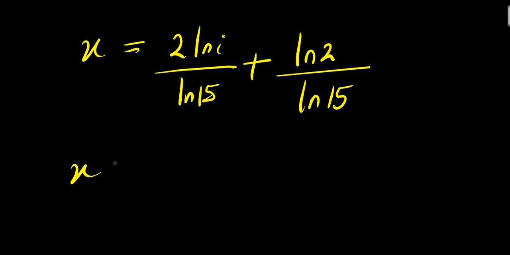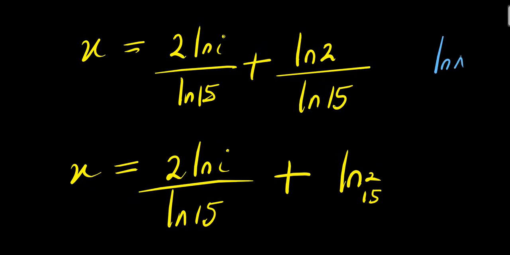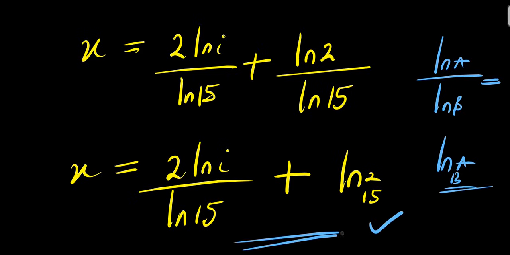You can have x equals 2 times natural log i divided by natural log 15. Then this is plus natural log 2 to the base of 15. Remember, if you have natural log A divided by natural log B, this equals natural log A to the base of B. So this also becomes our answer.